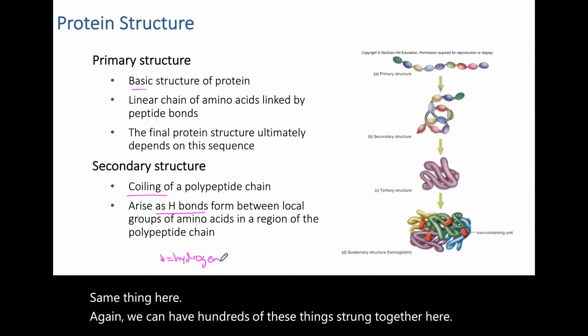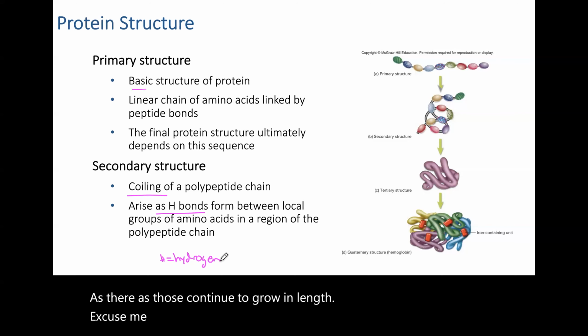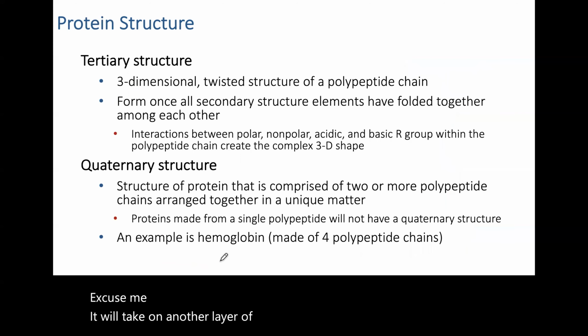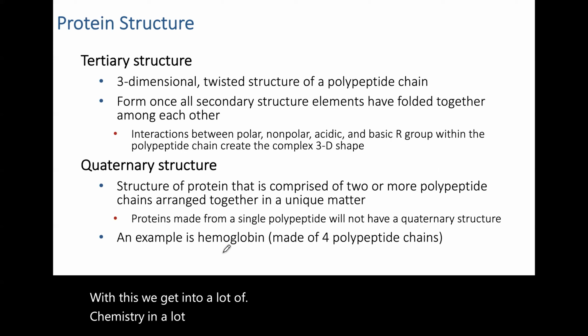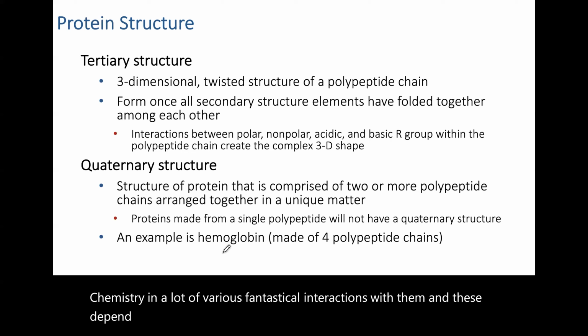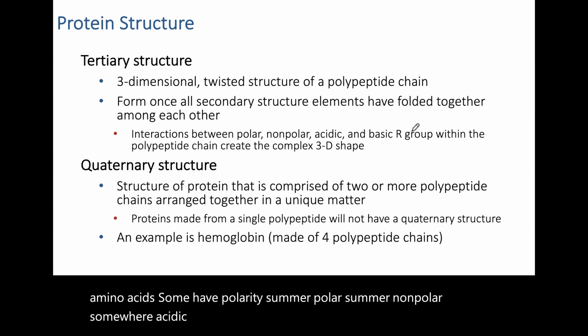As those continue to grow in length, it'll take on another layer of complexity and become a tertiary structure. With this, we get into a lot of chemistry and a lot of fantastical interactions. These depend on the chemical properties of the various different types of amino acids. Some are polar, some are nonpolar, some are acidic, some are basic. It all depends on this R group.